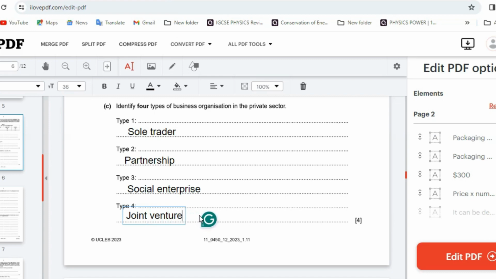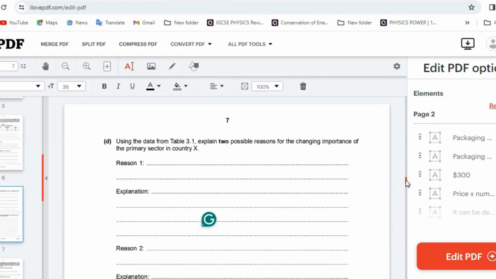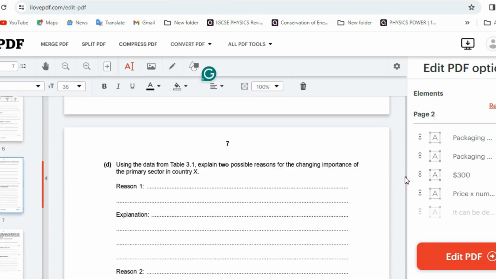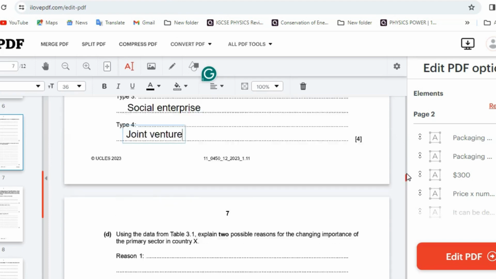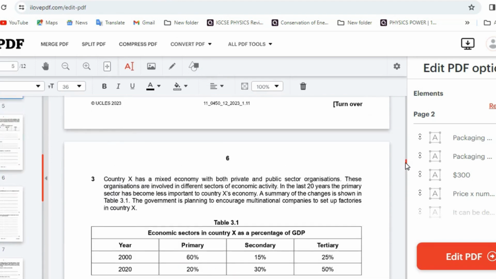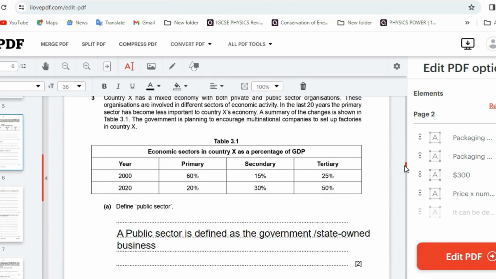Let us move to the next question. Okay, the next question says, using the data from table 3.1, explain 2 possible reasons for the changing importance of the primary sector in country X. Let's try and see the table we have in 3.1. Okay, here's the table.